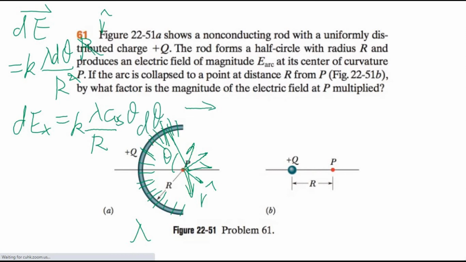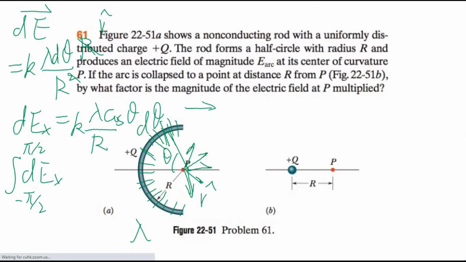Okay, and now we integrate dEx, and the integral range is from minus pi over 2 to pi over 2. Why is that? It's because if you take a look at the theta here, if you want to give it a range, it should come from here, which is minus pi over 2, to here, which is pi over 2.